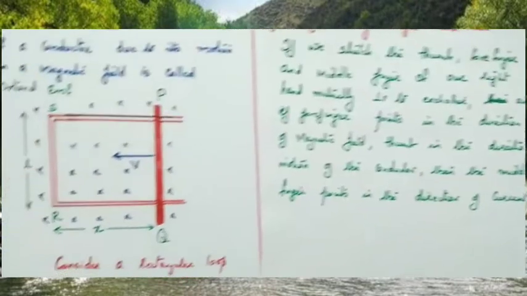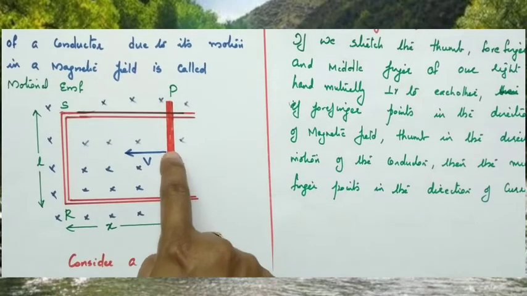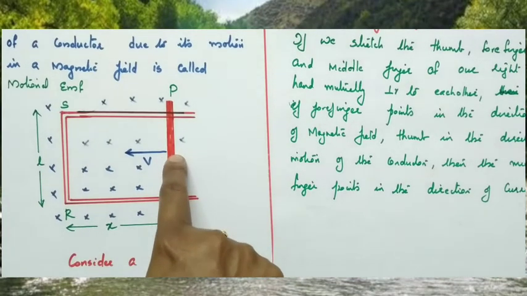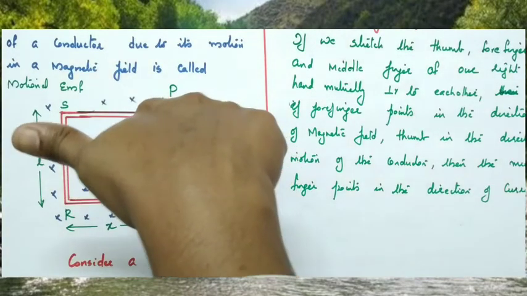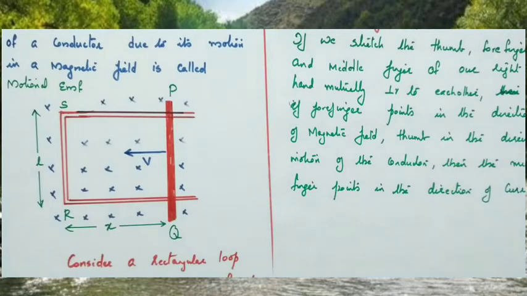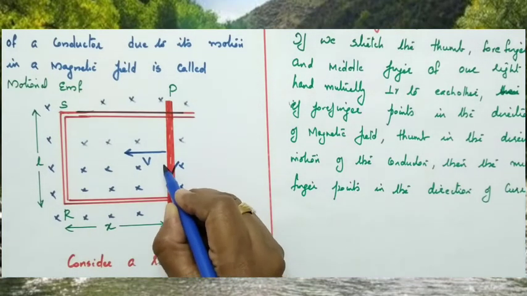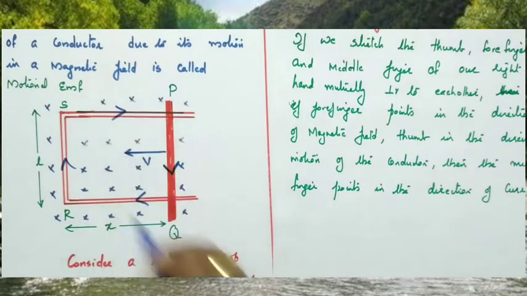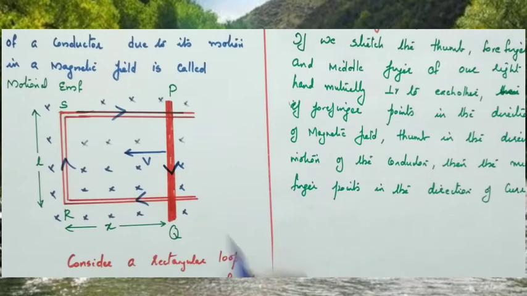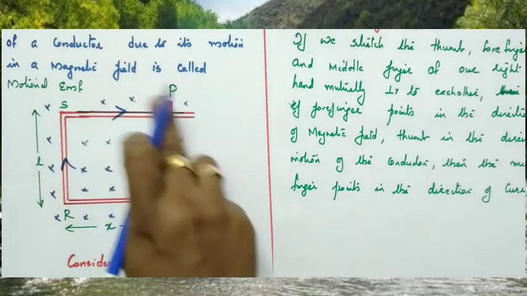Using this rule, here magnetic field is into the plane of the paper, then thumb is towards left. So the direction of current through the conductor PQ is in the downward direction. So using Fleming's right hand rule, the direction of current through the loop is P, Q, R, S.